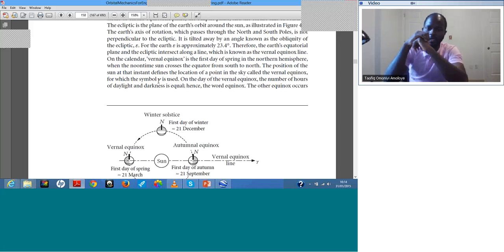And on that day, the number of hours of daylight and darkness is equal, most noticeably in countries where the number of hours of daylight and night vary a lot.